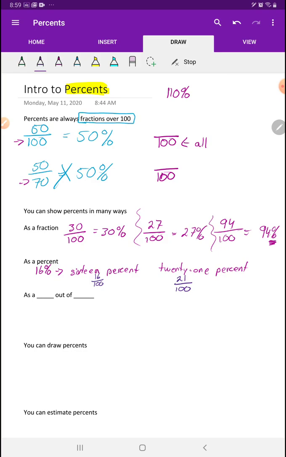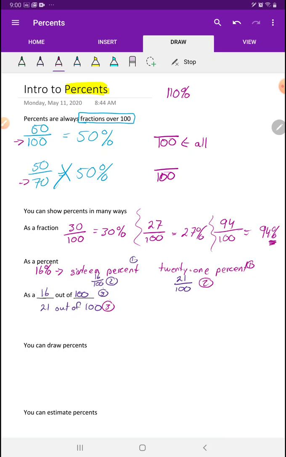See that? It's still 100. It's always 100. And then the last one here is as a blank out of blank. So in this case, we could go 16 out of 100, or 21 out of 100. So you see how that works? There's three ways. Here's 1, 2, 3.